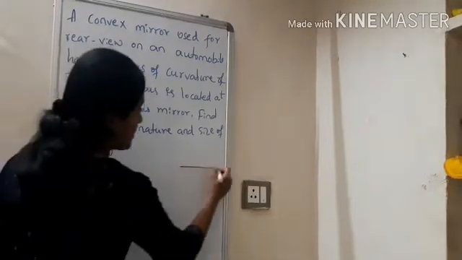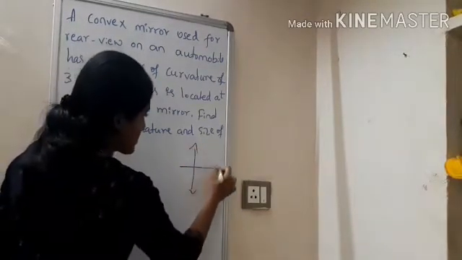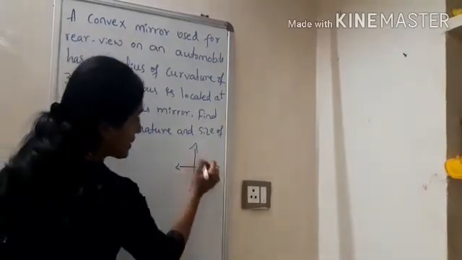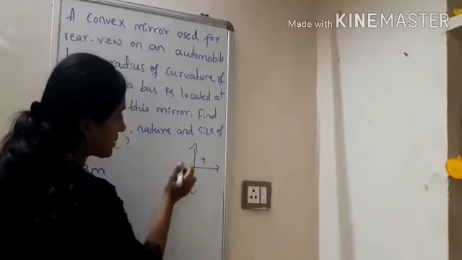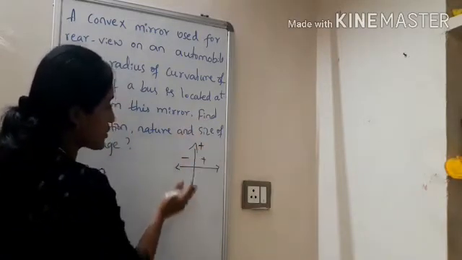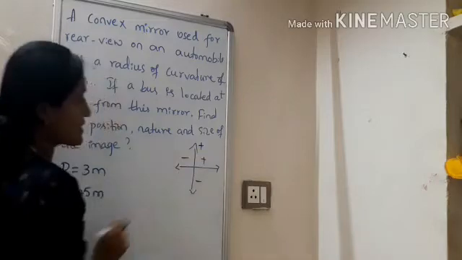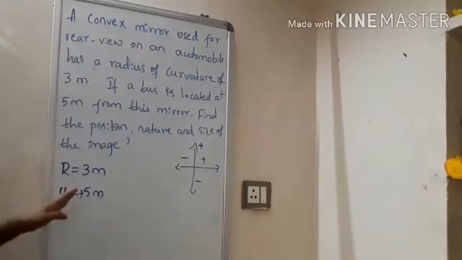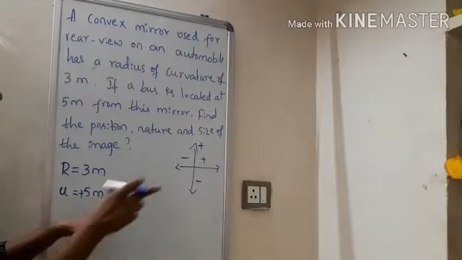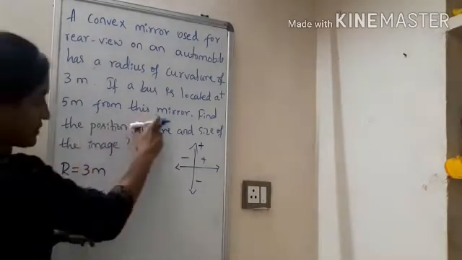You know that's the sign convention for convex and concave. Behind the mirror positive, in front of the mirror negative, above the principal axis positive, below the principal axis negative. So here object distance is 5 meter, I am taking, in front of the mirror.